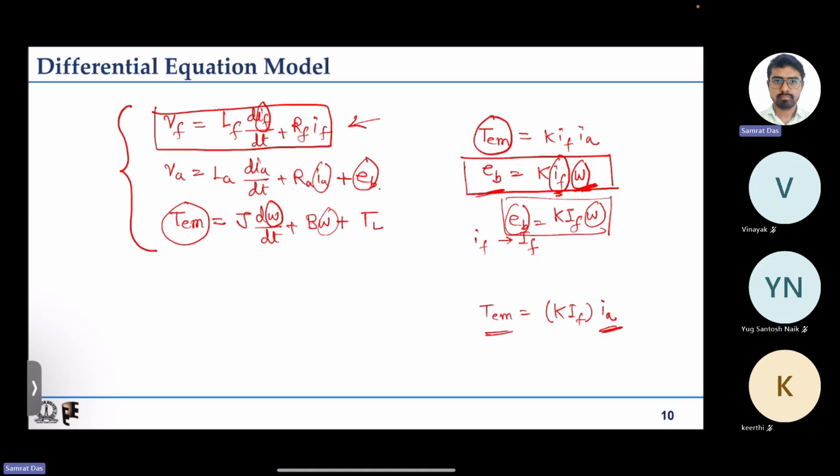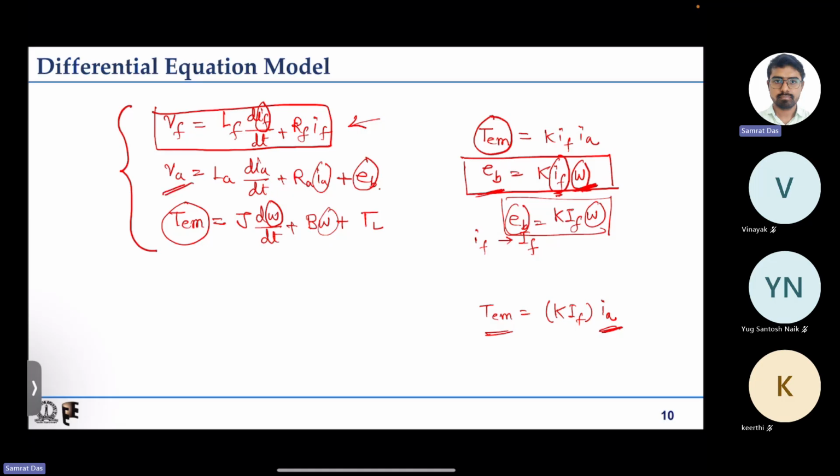That is why, when I showed you the MATLAB Simulink implementation of the model of the DC motor, first the field circuit was excited with some voltage, and we waited till the field current reached steady state. Only after that we introduced some voltage in the armature circuit.